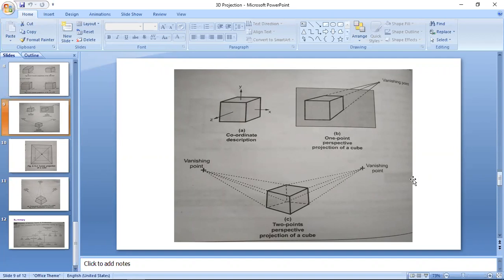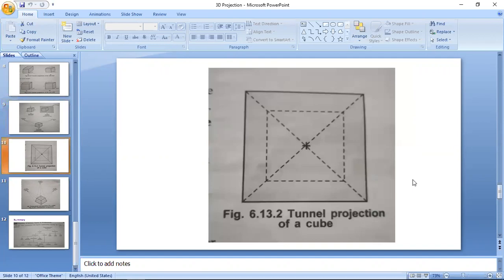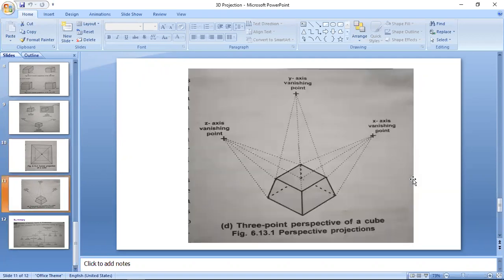And the last one is, sorry, the last one is 3 point perspective projection. You can see in the diagram, you are having how many vanishing points? 3 vanishing points are there.